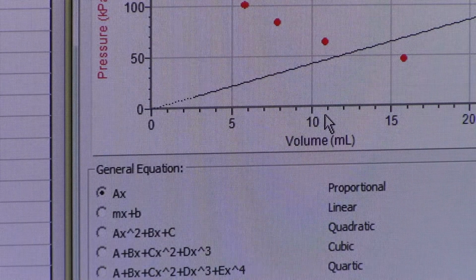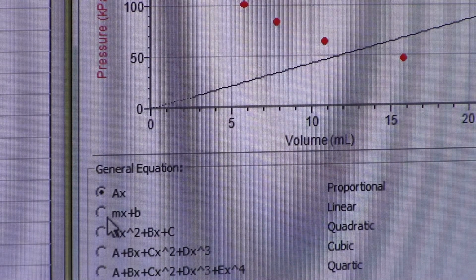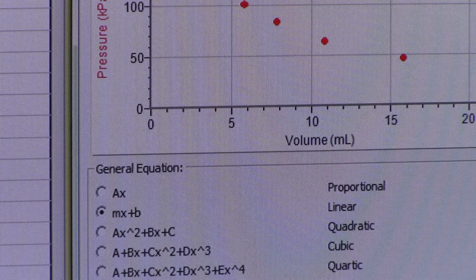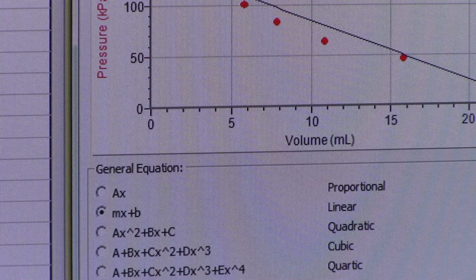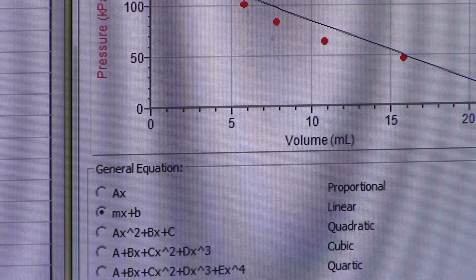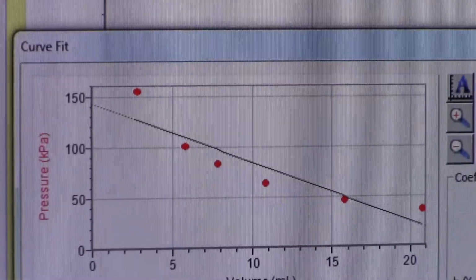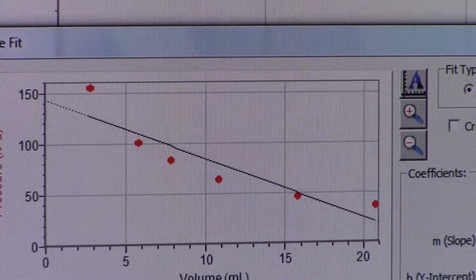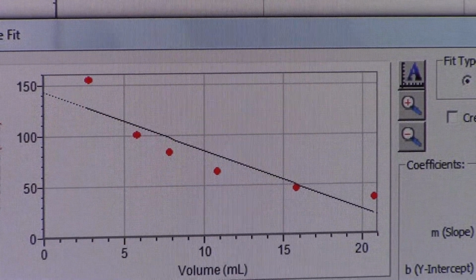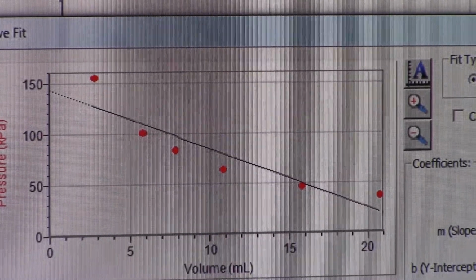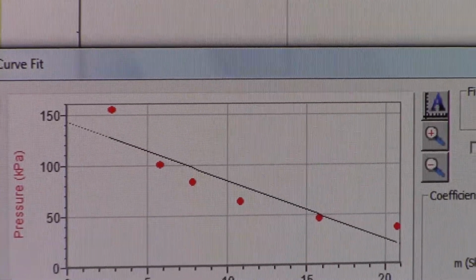So I'm going to go to the next one, mx plus b, and see what it gives. Okay, now this is better. You can see that it goes in the same direction, but it's not hitting the points, though it does a pretty good job. But let's see if we can find another graph that may be better for what we want to do.